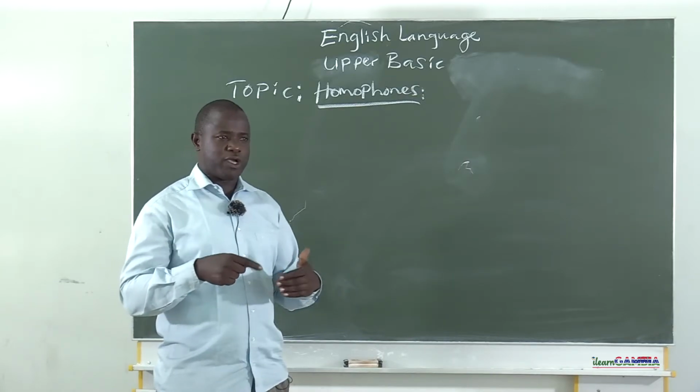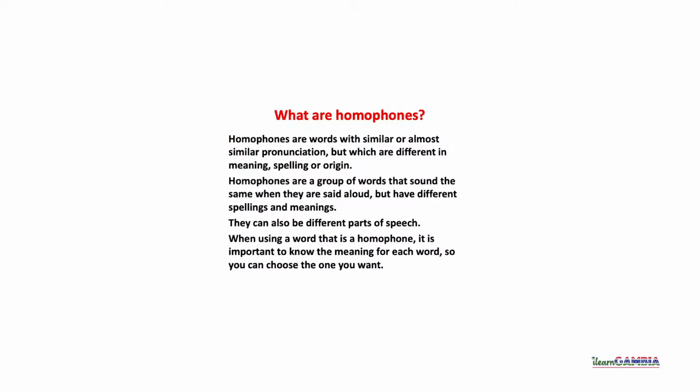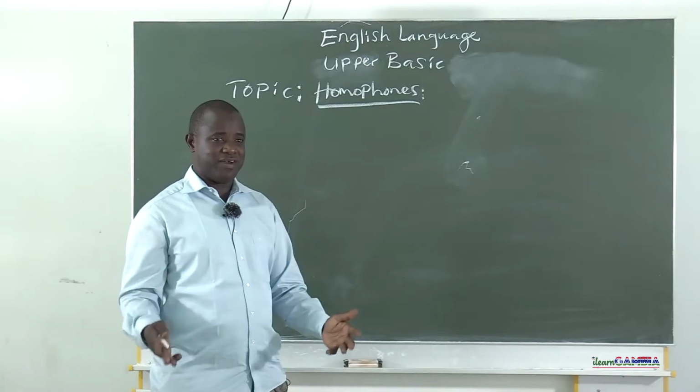In other words, you can also say homophones are a group of words that sound the same when they are said aloud, but have different spelling and meaning. There can also be different parts of speech. For instance, this word could be a noun and the other word could be a verb.